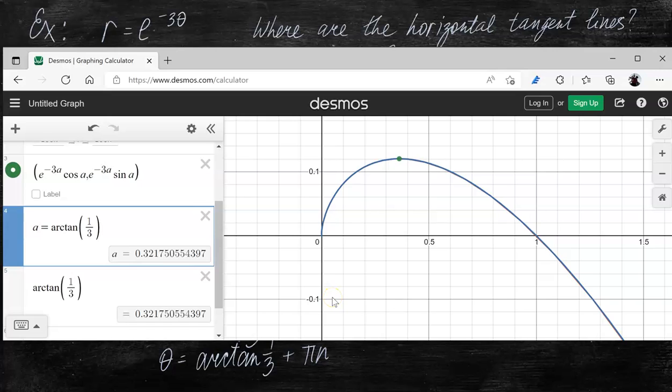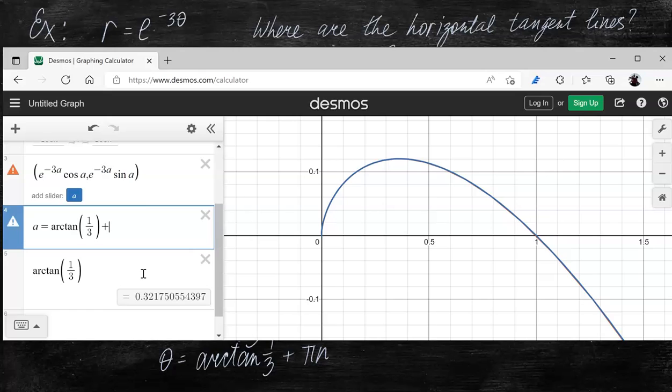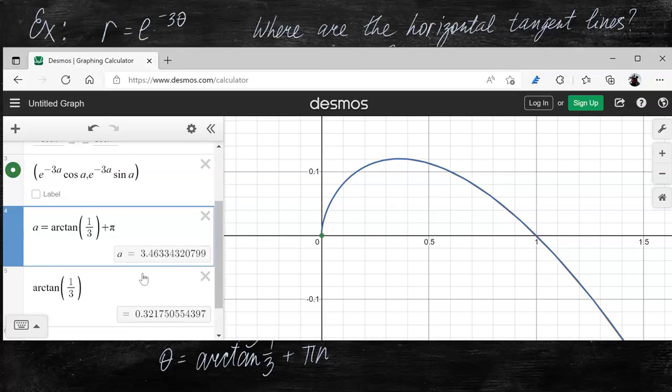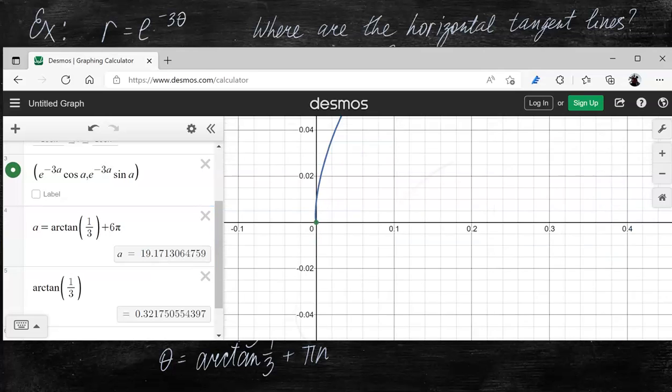And in theory, let's see what happens when we add pi or 2 pi. Interesting. So there is something going on here.